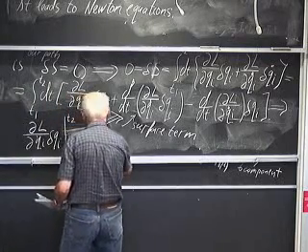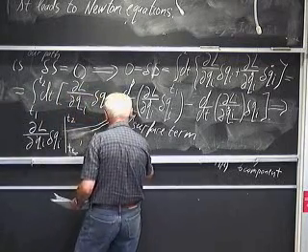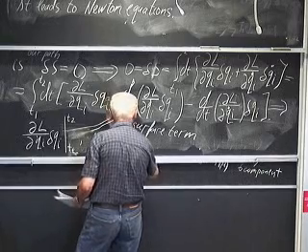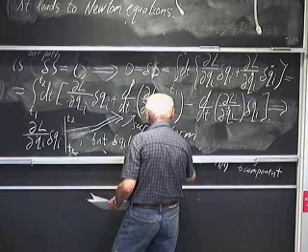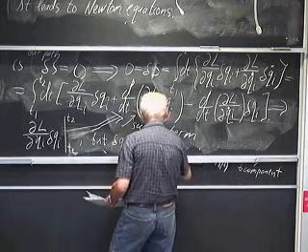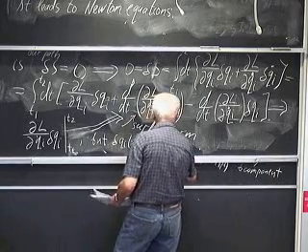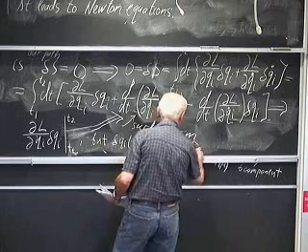But delta q i at T1 and delta q i at T2 equal 0.